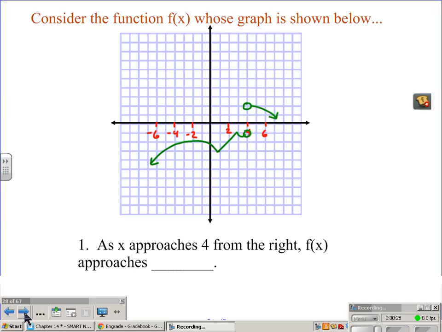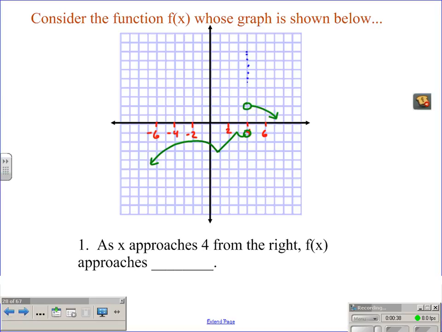As x is approaching 4 from the right side, f of x is approaching what y value? If we're talking about approaching from the right side, you will notice this is where x is 4, all along this vertical line. So if we're approaching it from the right, we notice that y is then going to be approaching 2.